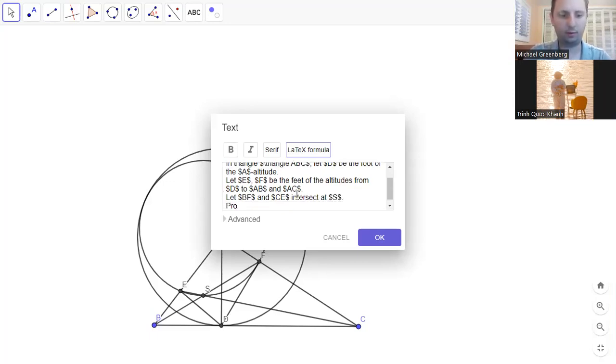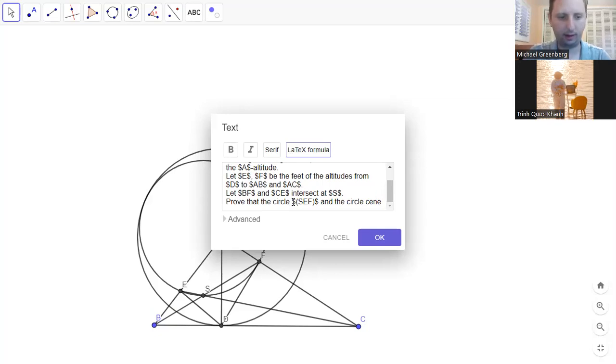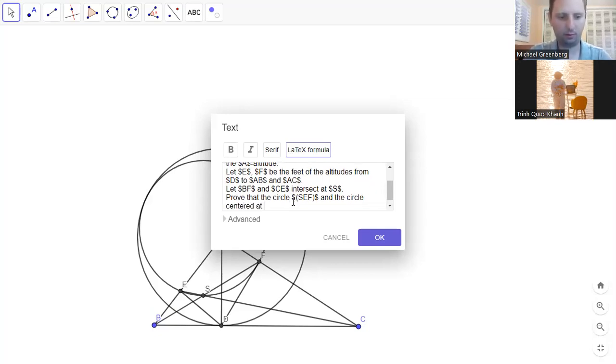Prove that the circle SEF and the circle centered at A through D are tangent.